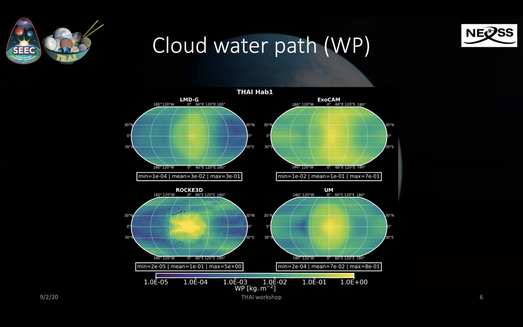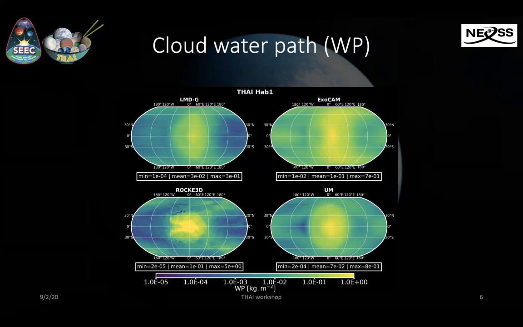We see, however, that LMDG, ExoCAM, and UM seem to share about the same distribution of clouds, which is because, as we'll see later, they share the same rotational regime as a Rhines rotator, where you still have dense convection near the substellar point, but you break the symmetry between the west and east hemispheres because of the stronger rotational forces.